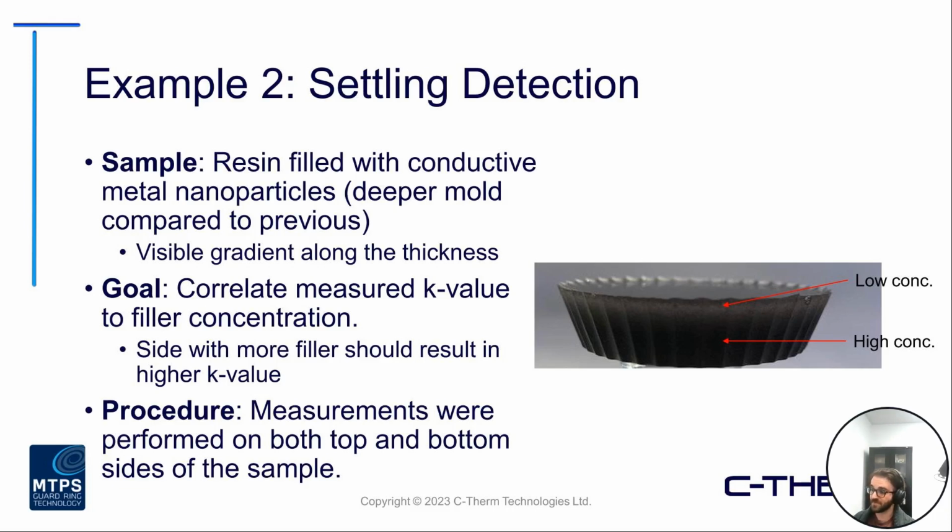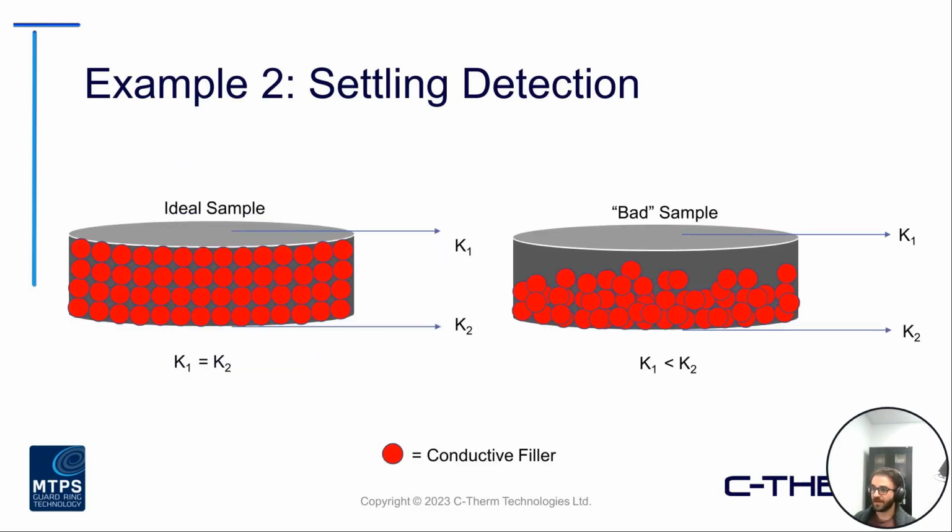So we basically took the sensor and measured on both the top and bottom side. And as you can see, just from the image, you can almost see that gradient forming, where near the top side there's a little bit more of a clear portion compared to the darker side on the bottom. So, in an ideal sample, you'd hopefully see what you have on the left.